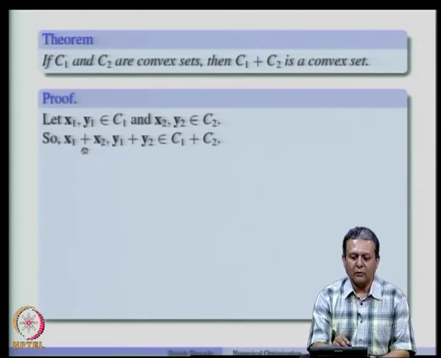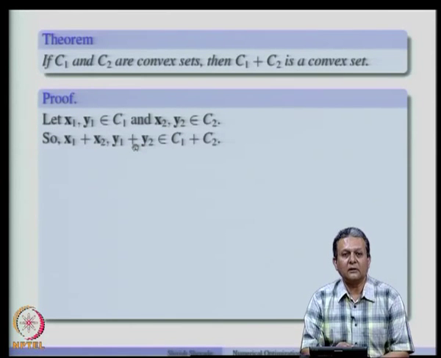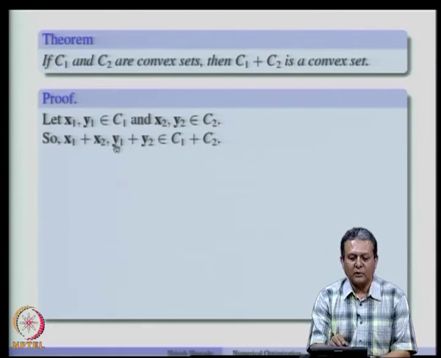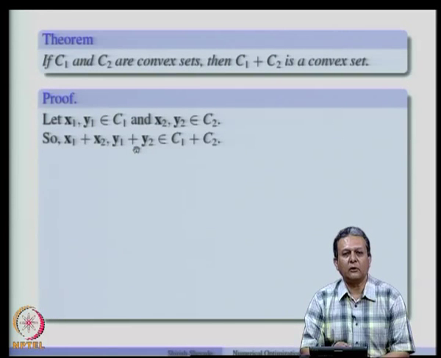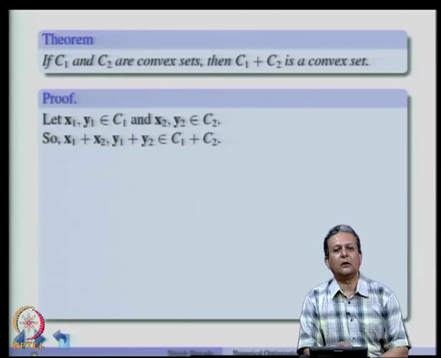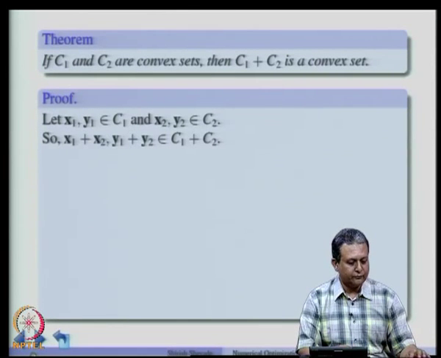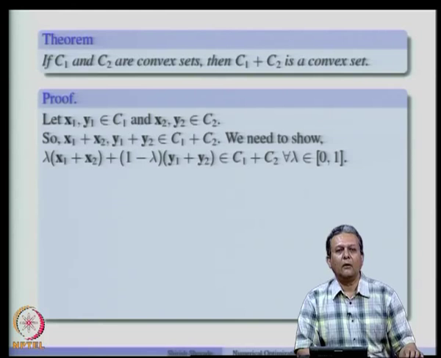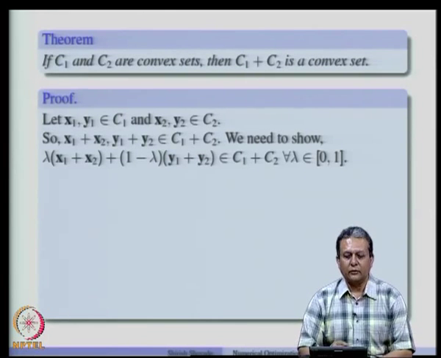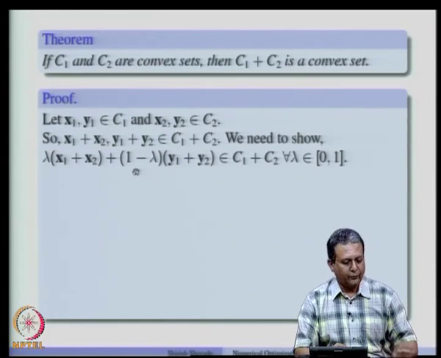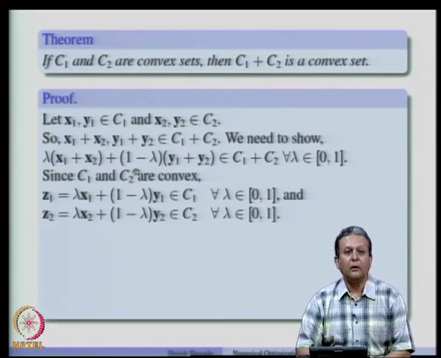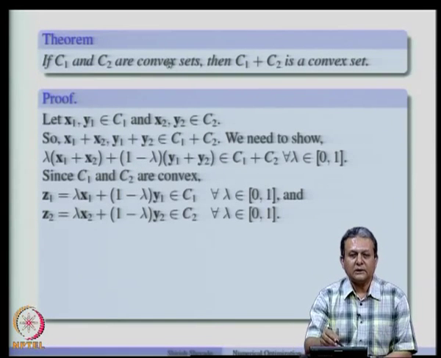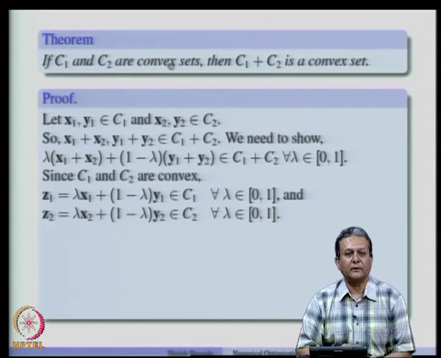Now we have 2 points in the set C1 plus C2, and what we need to show is that lambda into x1 plus x2 plus 1 minus lambda into y1 plus y2 also belongs to C1 plus C2 for all lambda in the range 0 to 1. Remember that what is given to us is that C1 and C2 are convex.